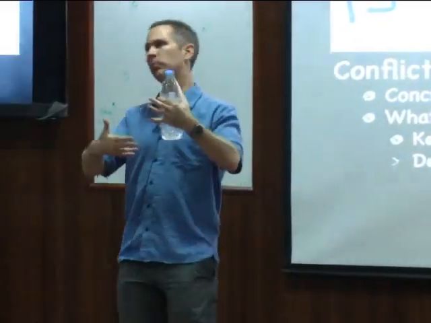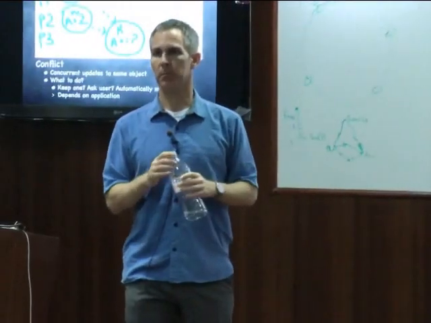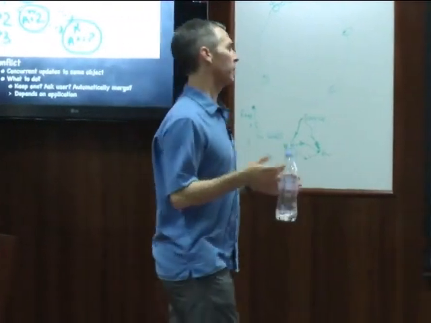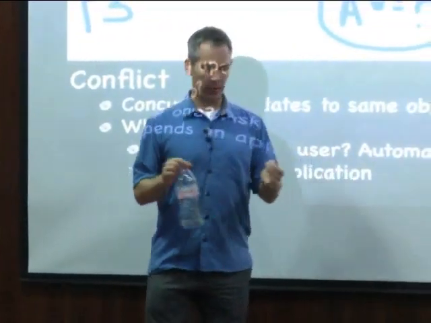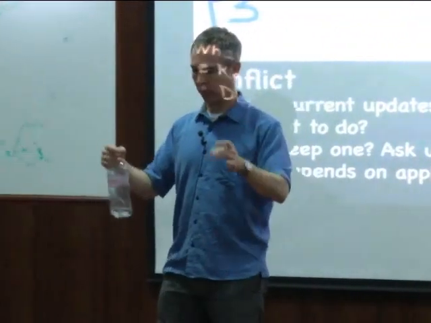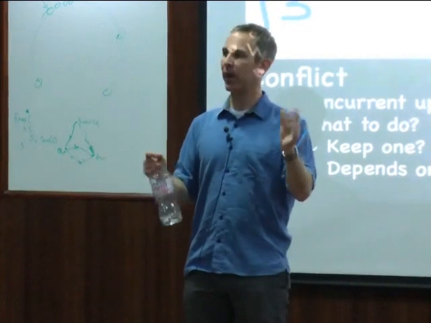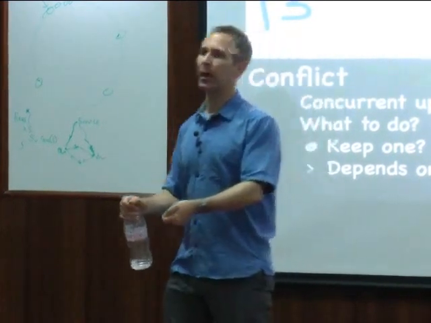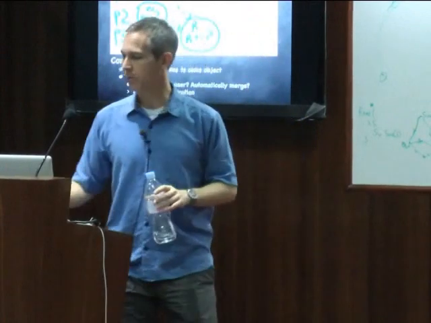And so it'll typically show you both edits and let you manually fix the problem. And this happens in different systems. In Coda, for example, if you had 2 different users, well disconnected, create new files with different names in the same directory, Coda says, yeah, I can handle that. Just keep both files. But if you have 2 users edit the same file that's not a directory, Coda gets confused and it'll punt and let the users figure out what to do.